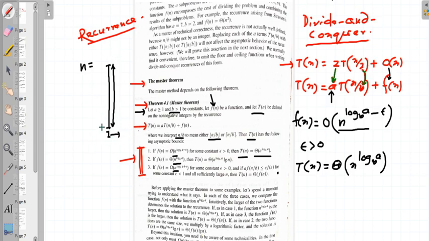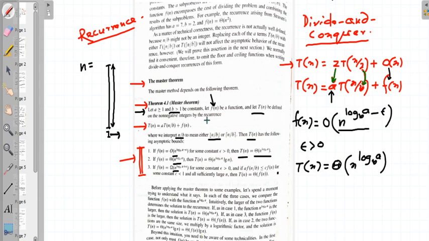That was the scenario we had in the recursion tree, and that is exactly what we are following here. So we are comparing the leaf level cost with the other internal level costs, and which one is bigger.